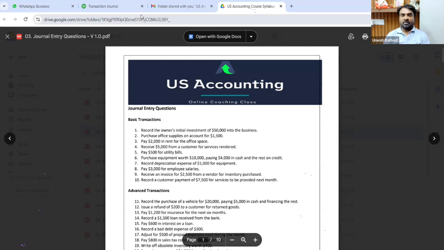We have purchased this on credit, meaning on account, from the vendor, with a credit of 15 days or 30 days. So inventory account debit and vendor account credit.